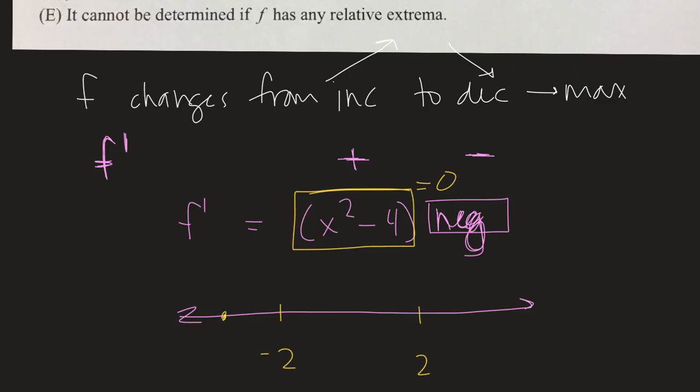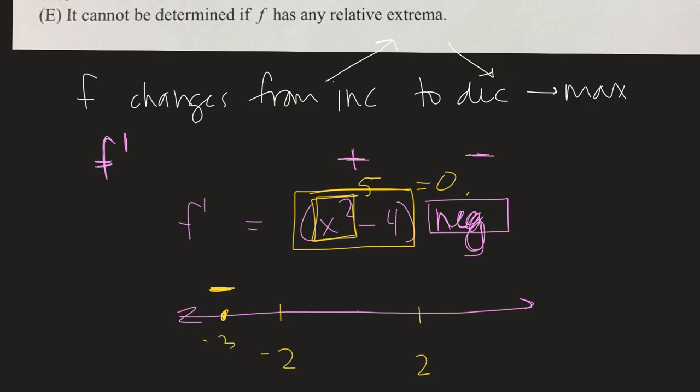What if I had negative 3? If I plug negative 3 in here, that's positive 9. Positive 9 minus 4 is 5. So this is 5 times a negative value, which means we're going to have a negative number to the left of negative 2.